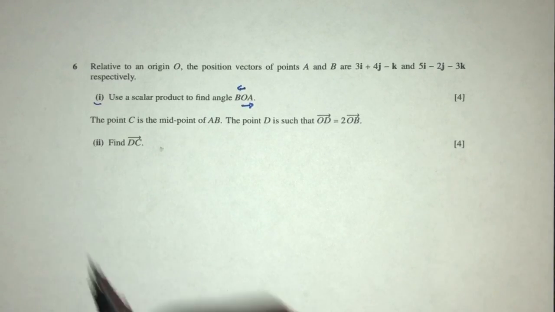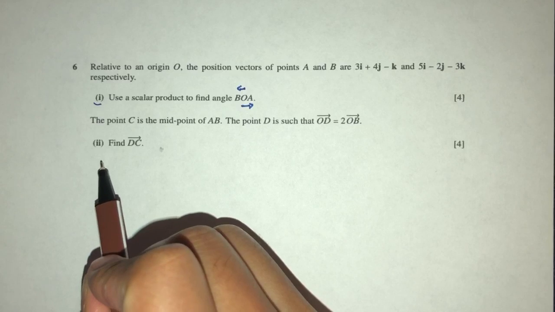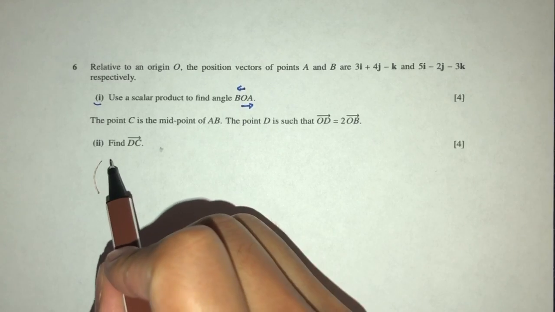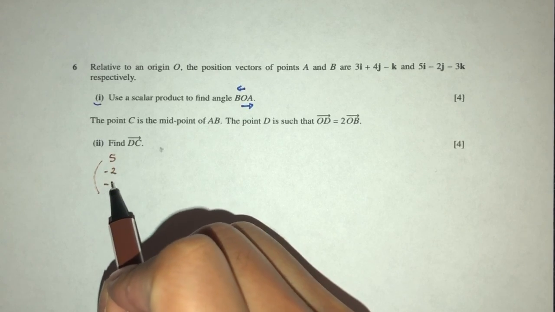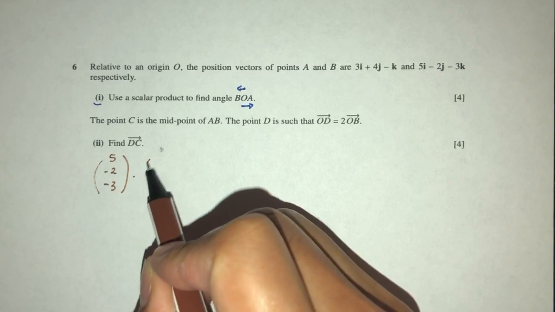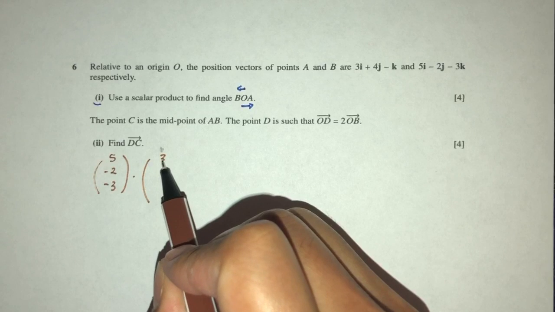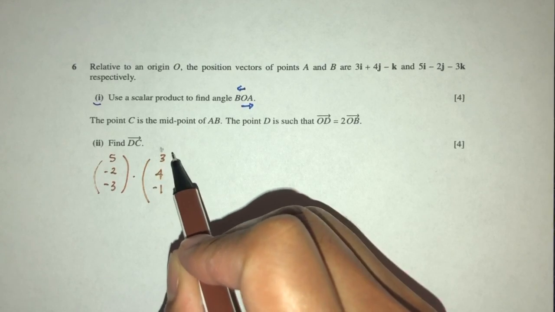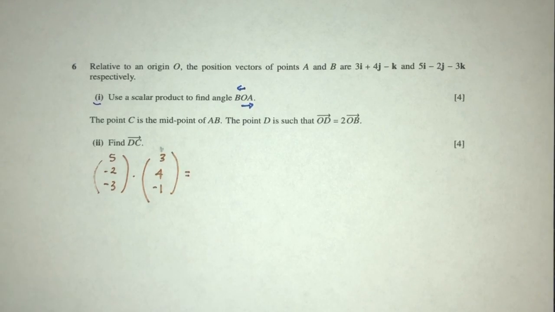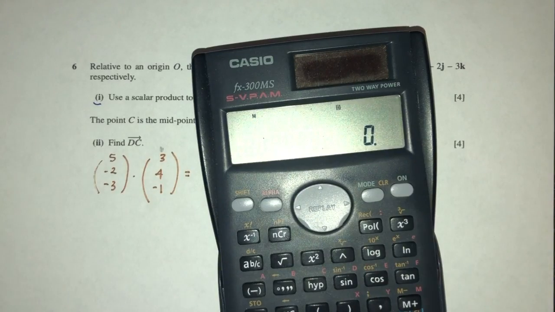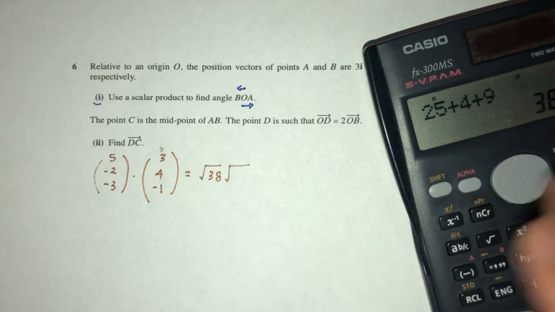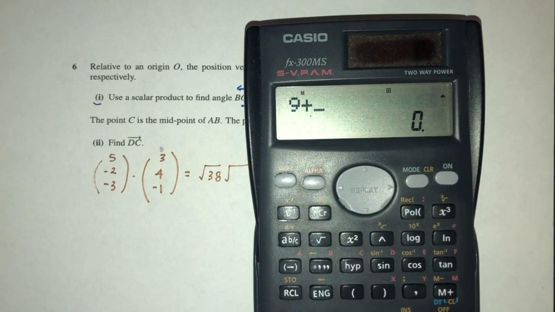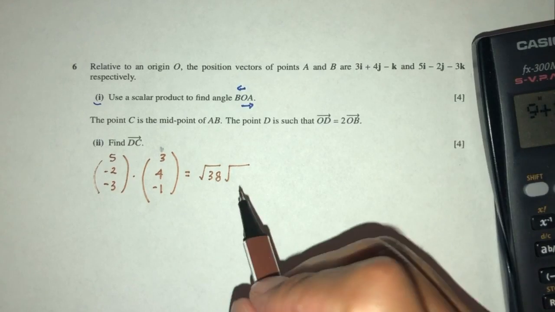Pretty easy. First, that will be direction of OB, that will be 5, minus 2, minus 3, dot product of OA, that should be 3, 4, minus 1, equal to the magnitude of those two vectors. So here we have 25 plus 4 plus 9, that should be root of 38, and root of 9 plus 16 plus 1 should be root of 26.